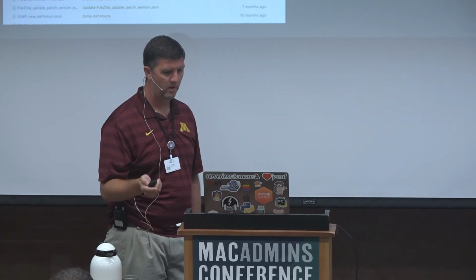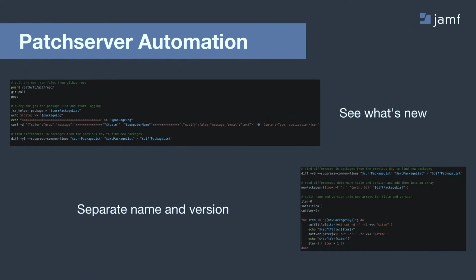Let's see. So this is a script that I created because as we started doing this, it was all manual, very time consuming, and there's only 3 of us on the team. So one person doing this for 4 hours a day is not a great use of time.